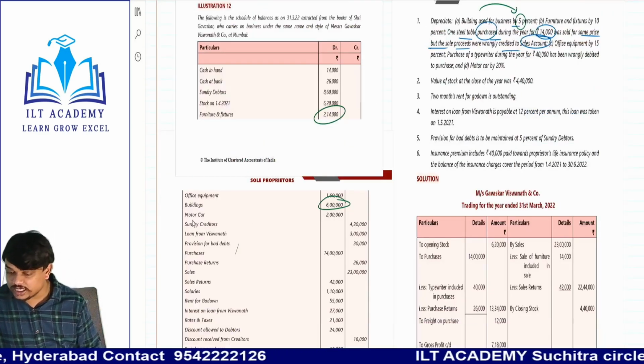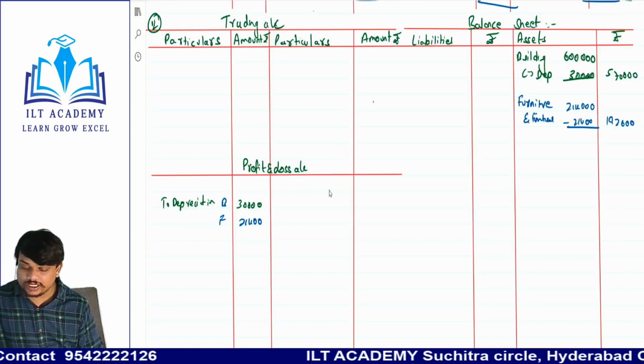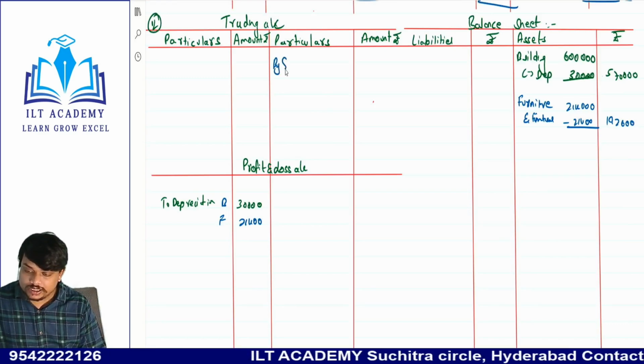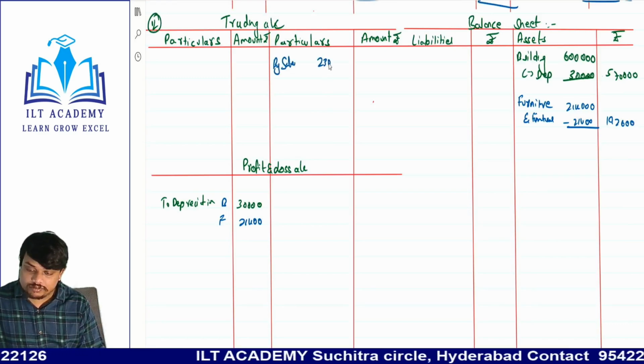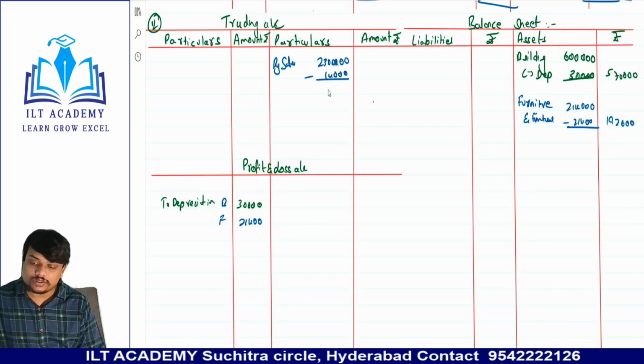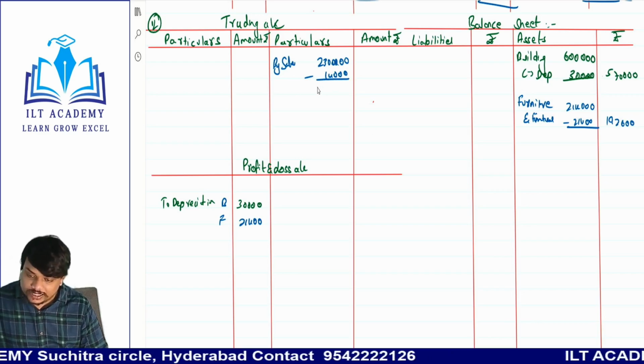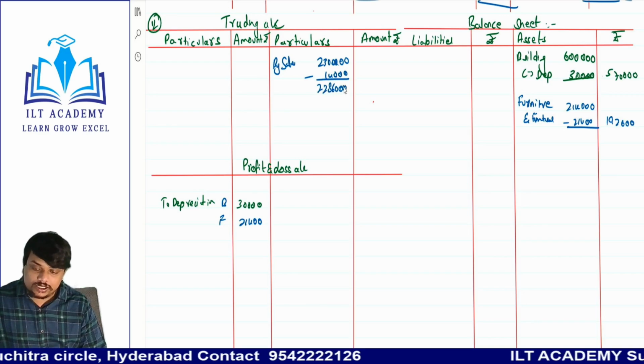Let us understand this point. How much is our sales amount? 23 lakhs. So sales 23 lakhs minus 14,000 is 22 lakh 86,000. Okay, this is one thing.